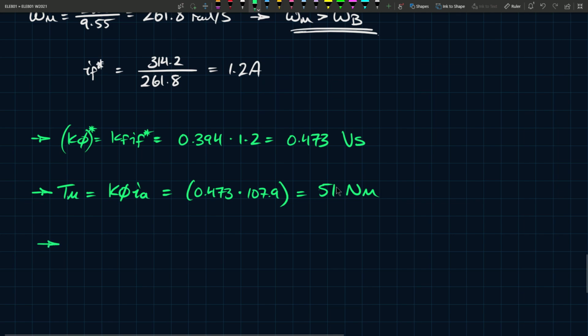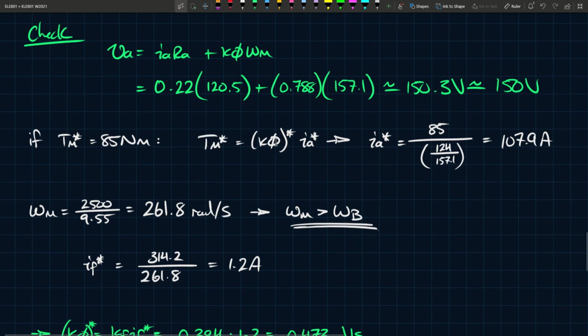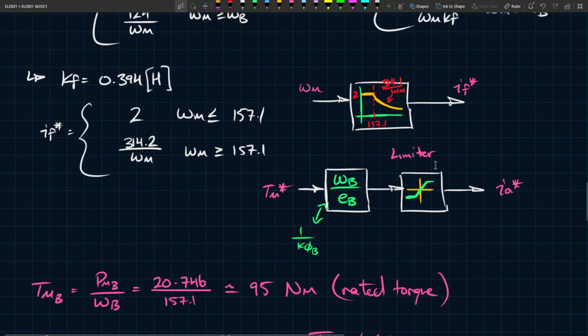Another thing we can comment on before we move on: you remember I mentioned the importance of this limiter here. Suppose you put 85 here, but you've weakened the field to maintain a speed. Then this torque decreases, and in order to compensate for that, you might increase the torque reference here, and the current might try to increase.